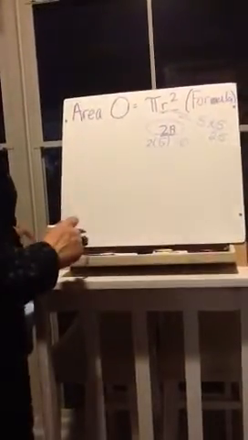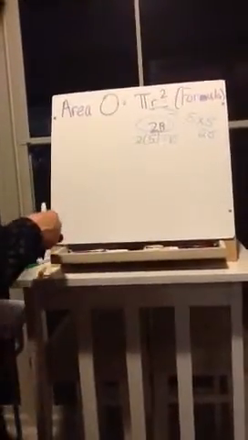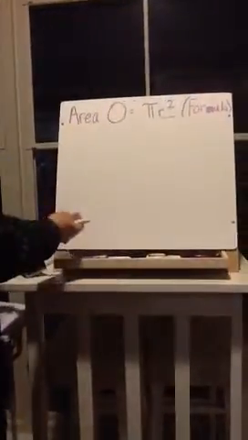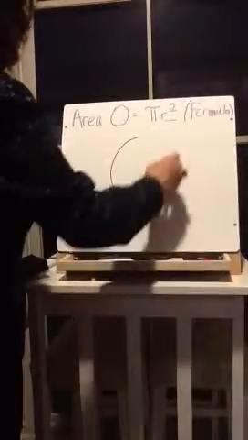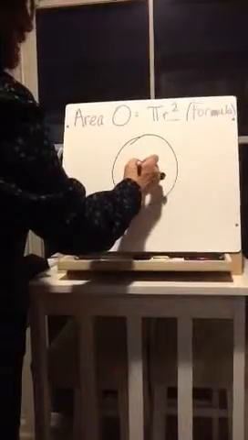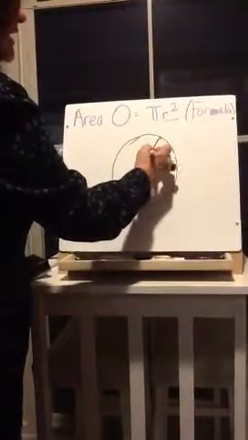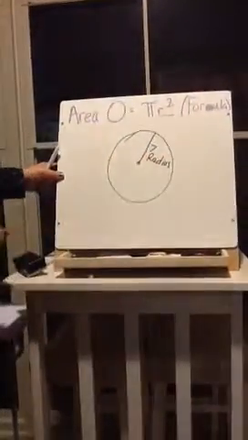So when we deal with area, again, you must remember that the answer is going to be in square units. Whatever unit you're given is going to be in square units. So, using the formula, if I have this circle, and I'm going to have 7 as my radius, we plug in the formula, pi r squared.